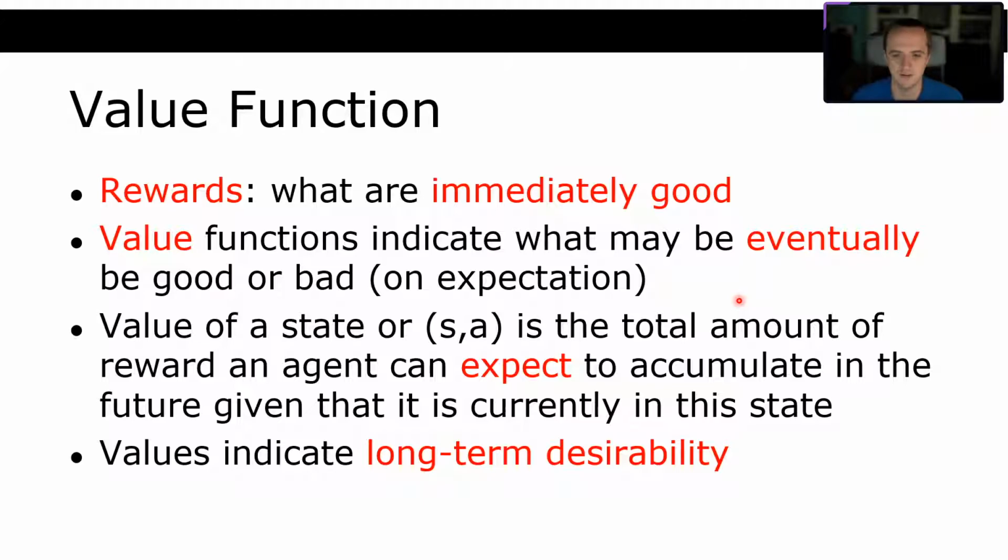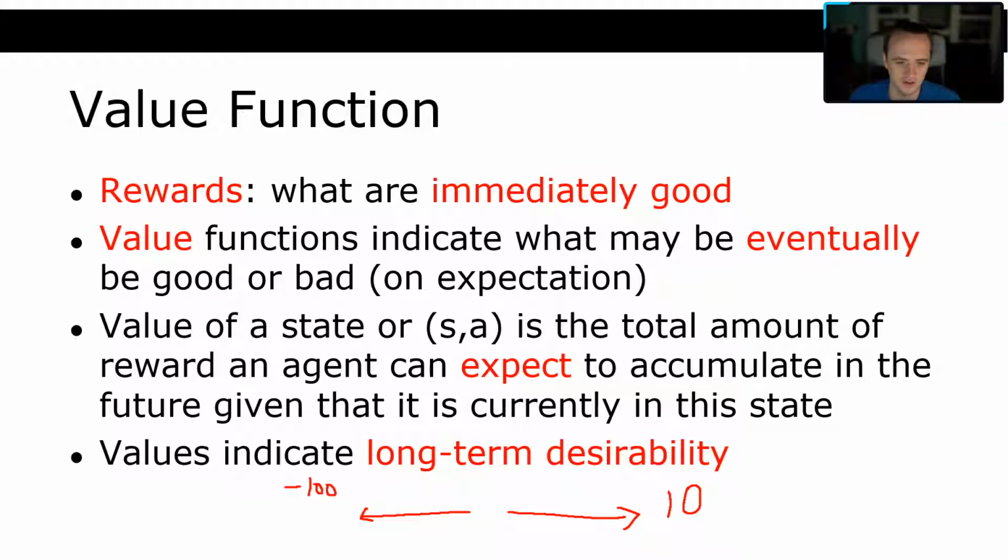So what do I mean by can expect to accumulate? So for example, let's say I'm at a particular state of the environment. And if I choose to go right, then I will always get, let's say, 10 reward. If I choose to go left, 50% of the time, I will get negative 100 reward.